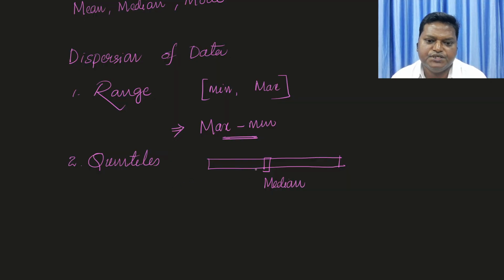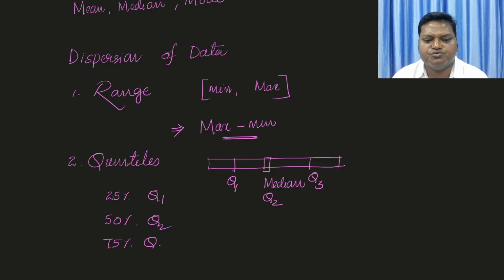And in the median, if I take another half value on this side, that is known as quartile 1, and on the other side, this is quartile 3. The median can be called quartile 2. That means 25% of the data is Q1, 50% of the data is Q2, and 75% of the data is Q3.